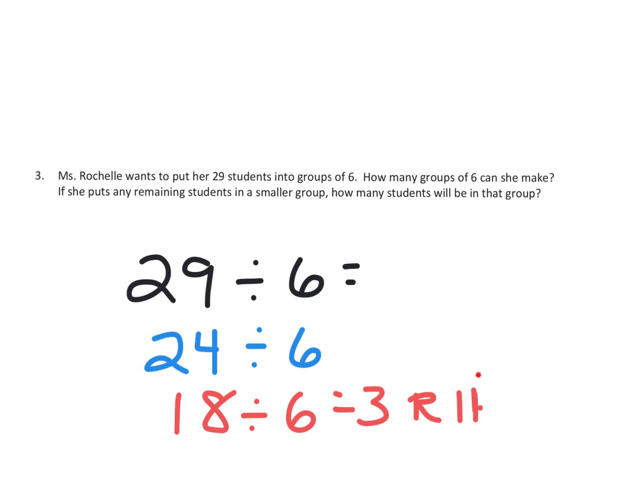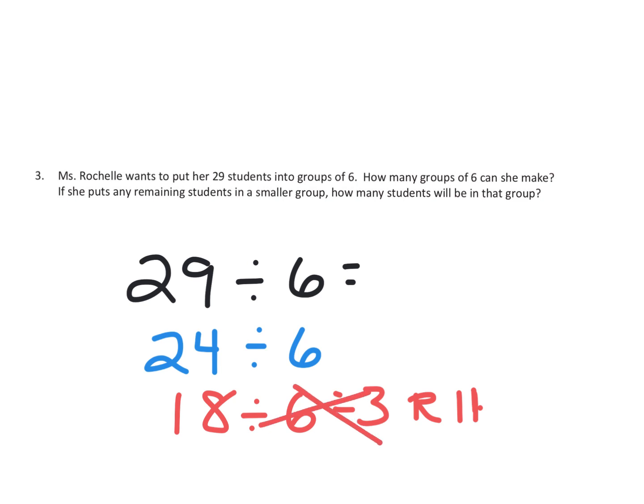Whenever we get a remainder, we want to make sure that remainder is smaller than what we're dividing by. So in this case, I had 11 students left over. I could really divide those 11 students into those 6 groups, and I could spread them out evenly instead of having a group of 11.